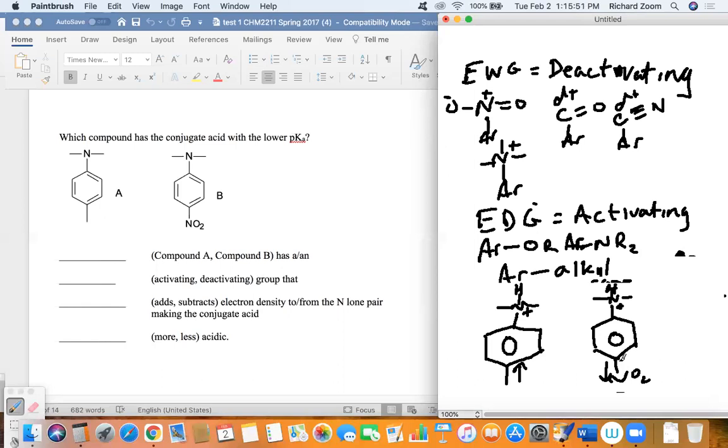If you look at the other one, on the left, the methyl group is adding electron density to the ring. It's stabilizing that positive charge, which makes it less acidic, less willing to give up that H plus.